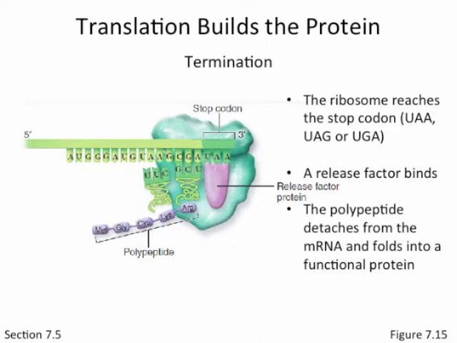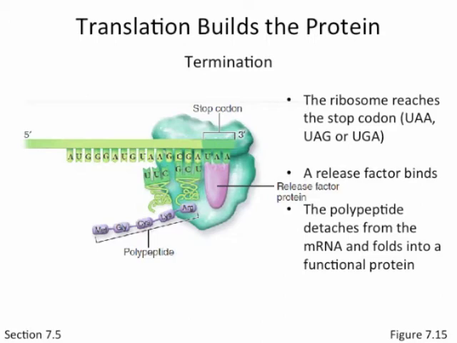So when UAA is in the ribosome, something else will bind to it called a release factor. The release factor protein binds to the stop codon, and this causes a change in the reaction that is occurring. No longer will there be any covalent bond formed here. Instead, this is going to cleave this final bond and free up the functional protein. The polypeptide that has been formed will be released at that point.